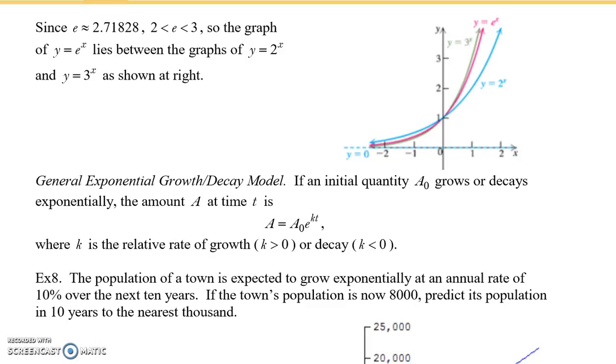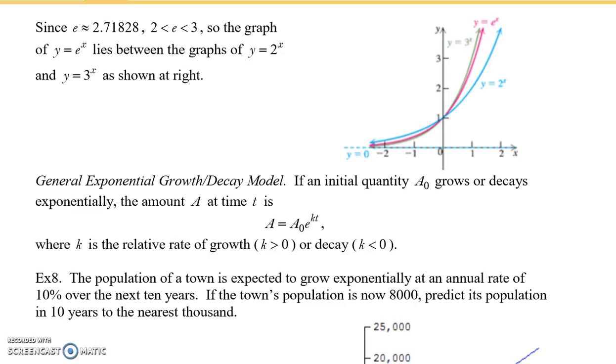It's steeper than y equals 2 to the x, and a little bit less steep than y equals 3 to the x, since e is a little bit less than 3. So you can see its graph shown. Again, the y-intercept is (0, 1), just like any other basic exponential function, and it is an increasing function with a graph rising from left to right.